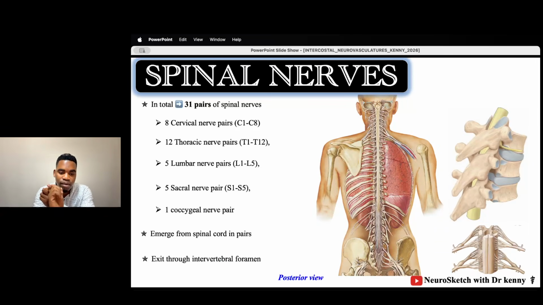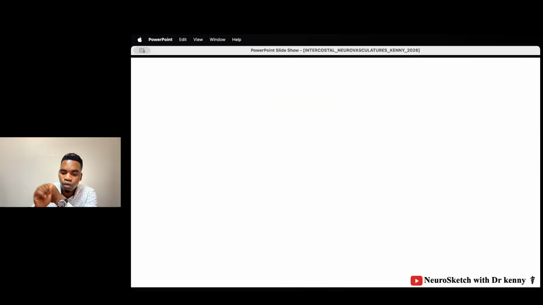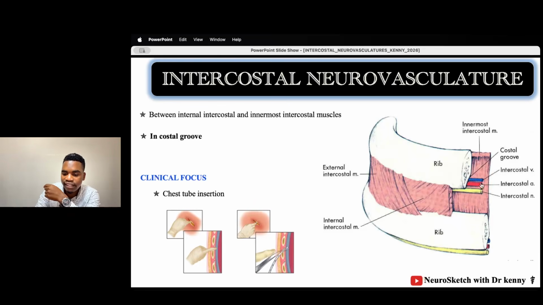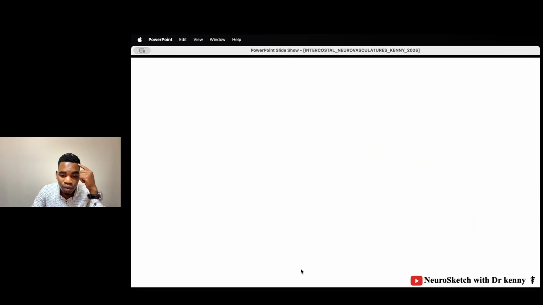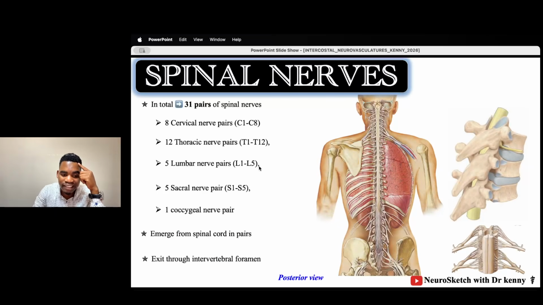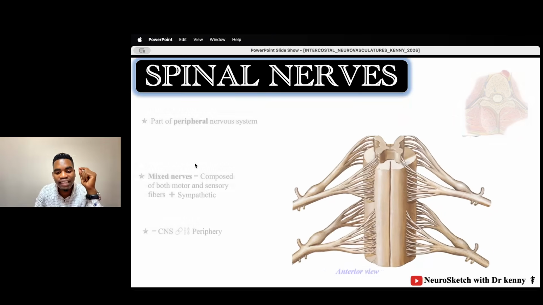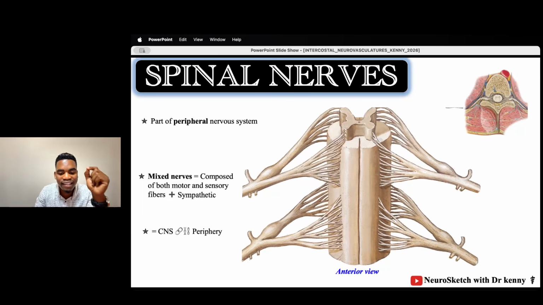We haven't discussed the intercostal nerves, but the general rule here is that they run in the order of VAN. What are the intercostal nerves? They are just spinal nerves coming from the thoracic region. The thoracic spinal nerves are the ones that provide the intercostal nerves.